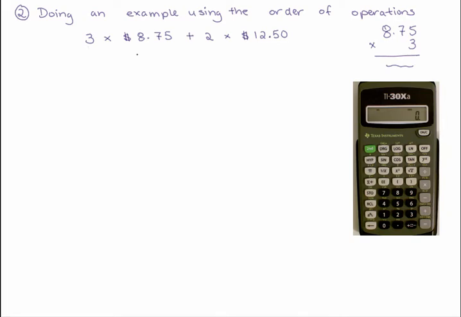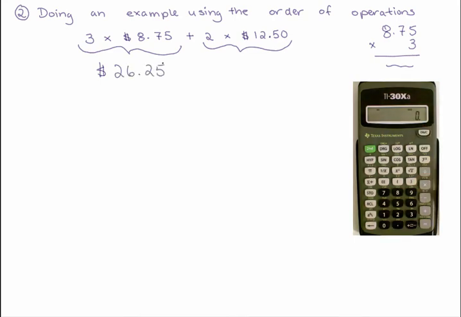Now, when we use our calculators, there are 2 ways to do this. We can take it step by step. I know I need to do $8.75 times 3, and here I know I need to do 2 people times $12.50. So we would go to our calculator, say 3 times $8.75, and again we come up to this number, 26.25.